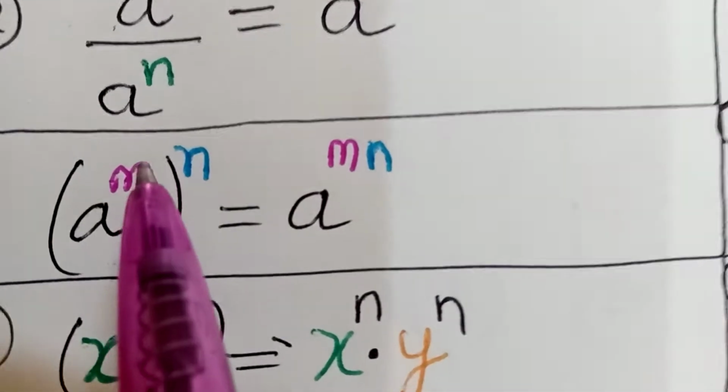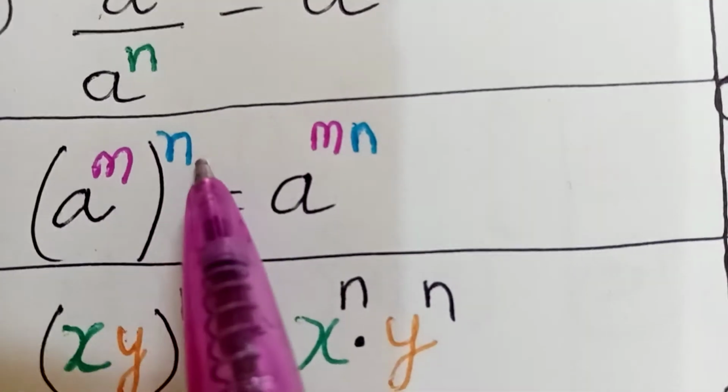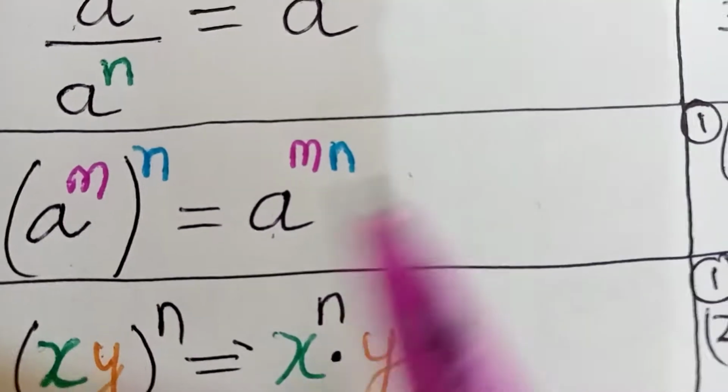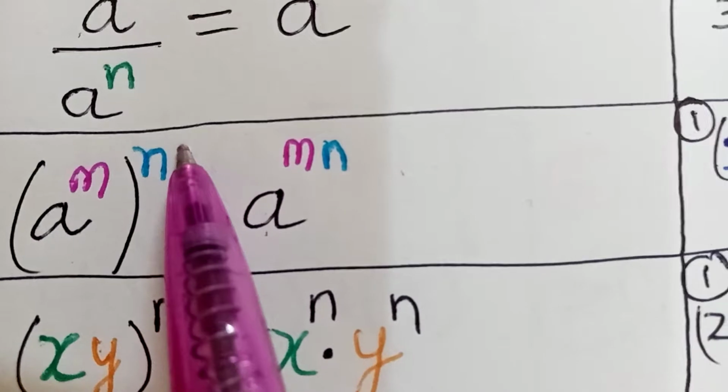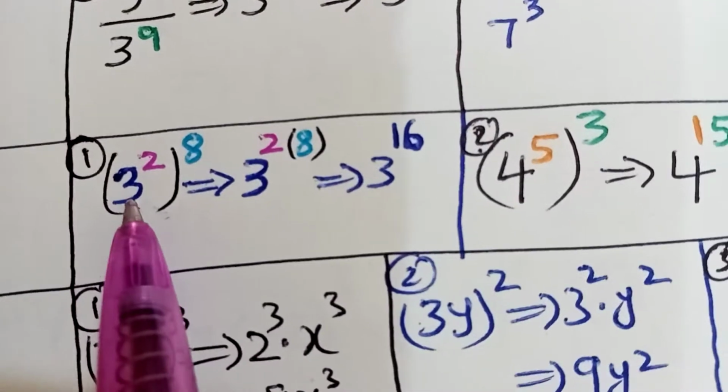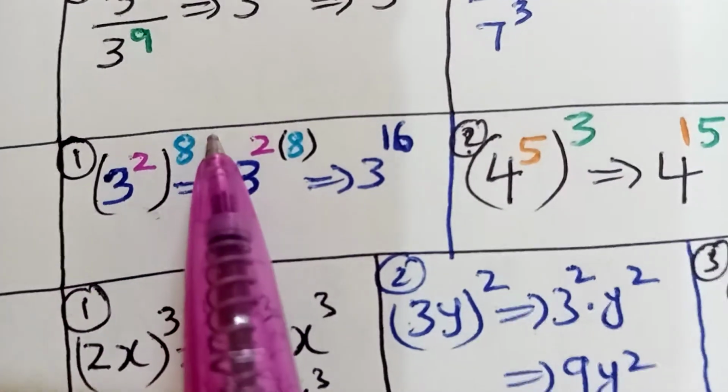Next, the third formula: a power of m whole power of n. So a power of m into n. Power of power, so a power of m into n, mn. See the example. 3 power of 2 power 8.